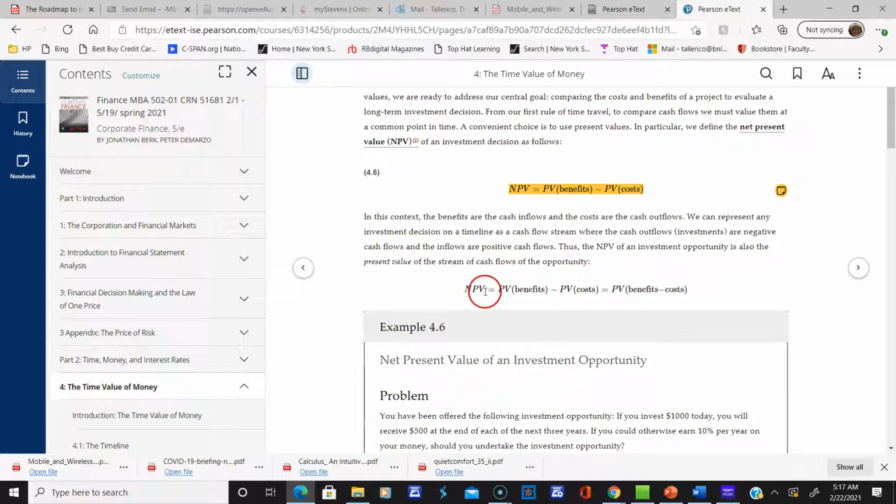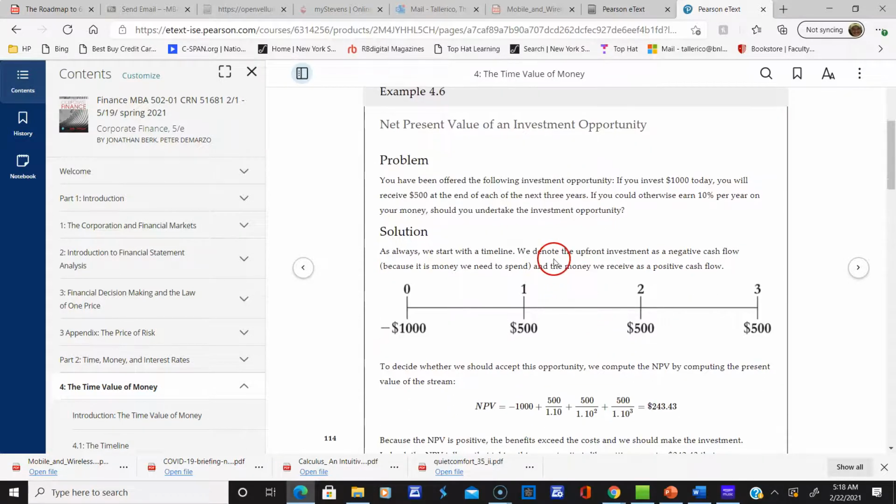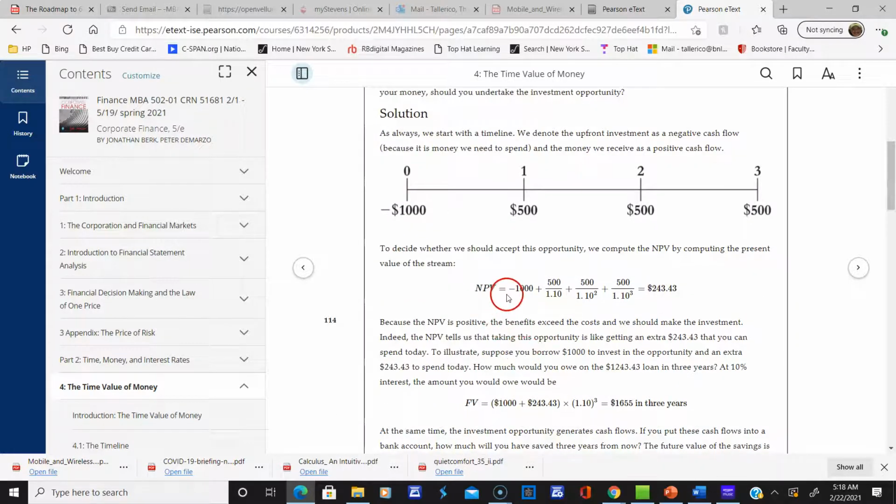So basically, you have to bring all the benefits back and subtract the present value of the costs, okay? So here is an example of net present value, and you can see this is negative because this is your initial investment, right?